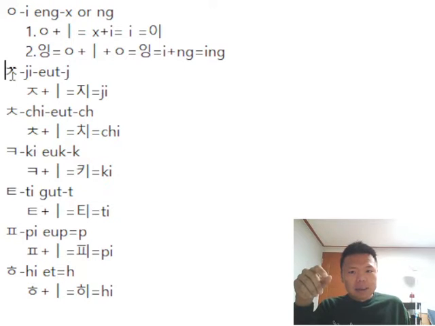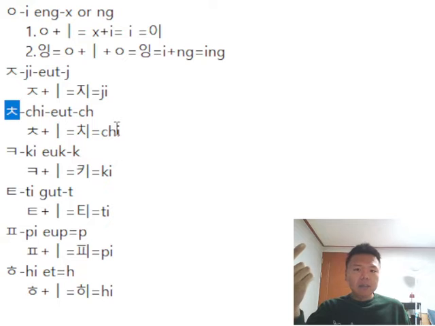Anyway, next, 지읒. That is a J. Look, 지읒 plus 이 makes 지.